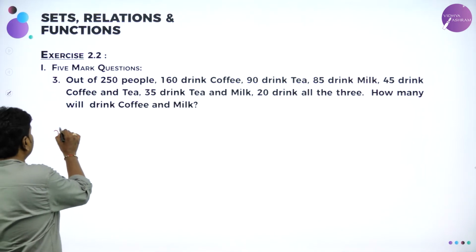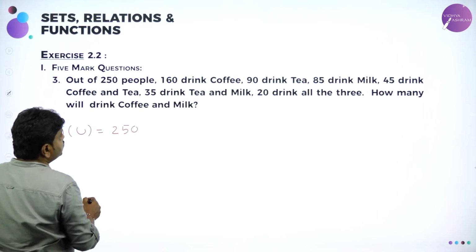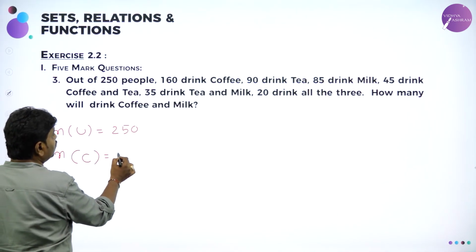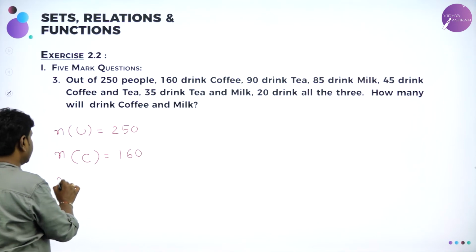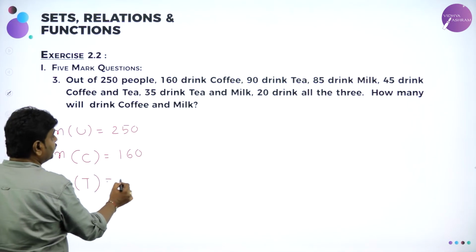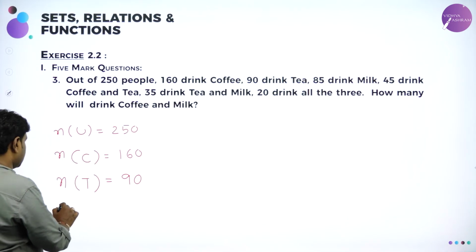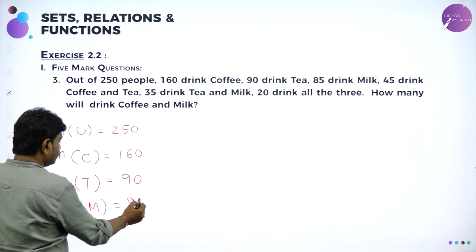Out of 250, so the universal set is 250, n of U is 250. 160 drink coffee, n of C, people drinking coffee, I call them C. C is 160. 90 people drink tea, n of T is 90. Then 85 drink milk, n of M is 85.